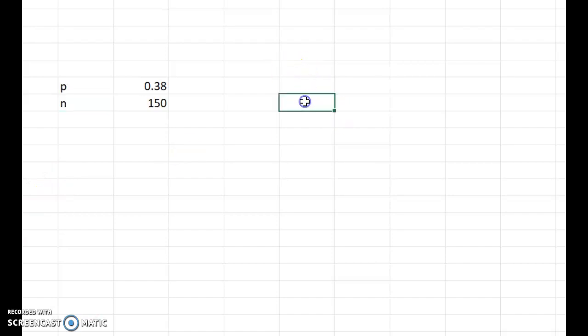So we have to do our test where we see if N times P is bigger than 5, which it is. And then we want to do N times 1 minus P and make sure that it is greater than or equal to 5.